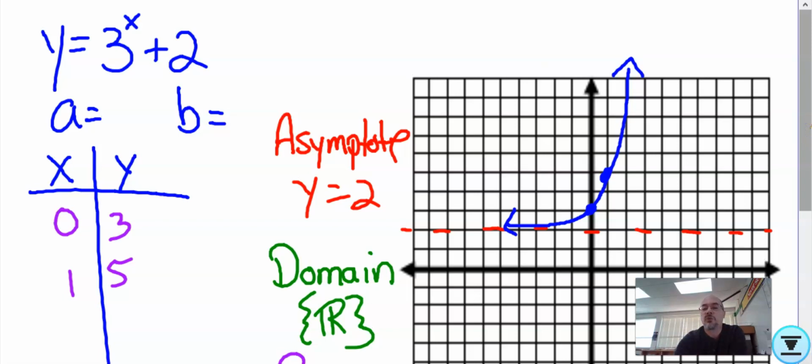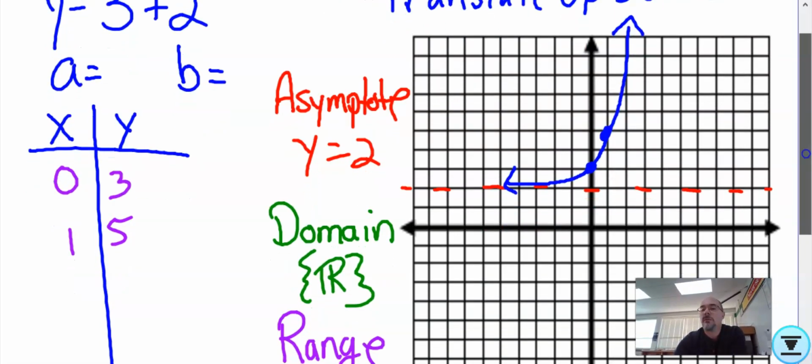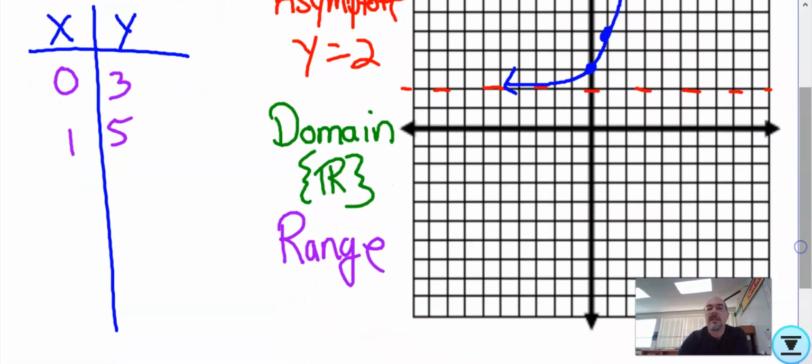So we're going to say translate up 2 units. That means the asymptote moved up 2 units. And when we write the range now, ladies and gentlemen, we're going to say that the y, since it's curving up, is greater than 2.